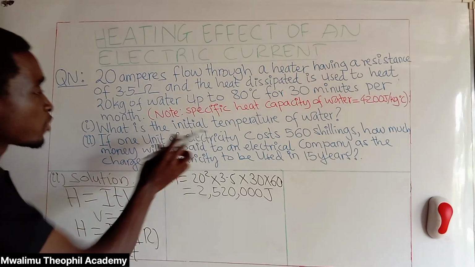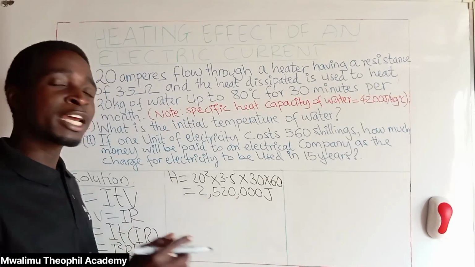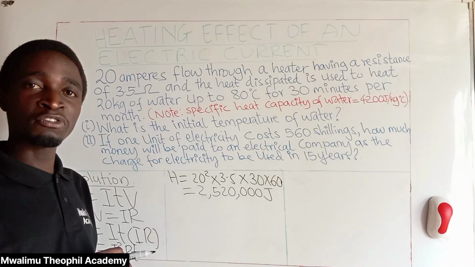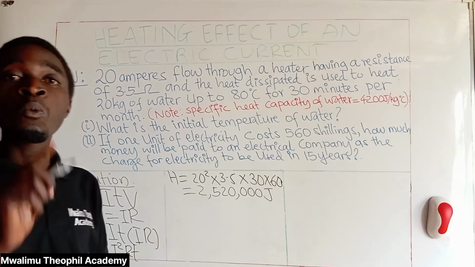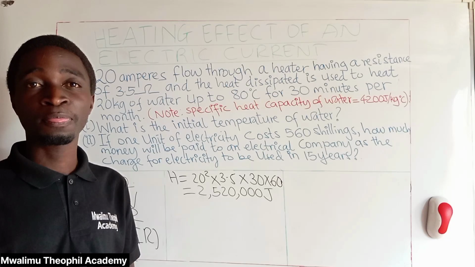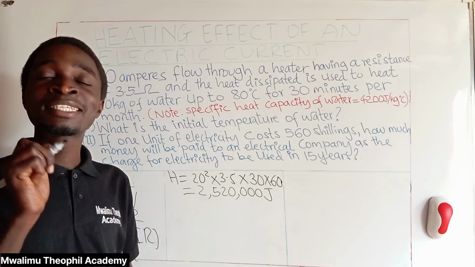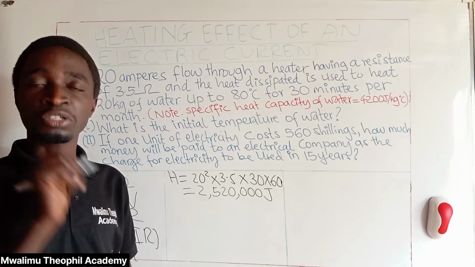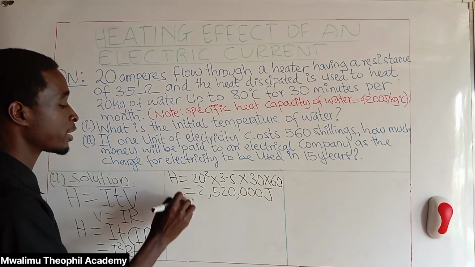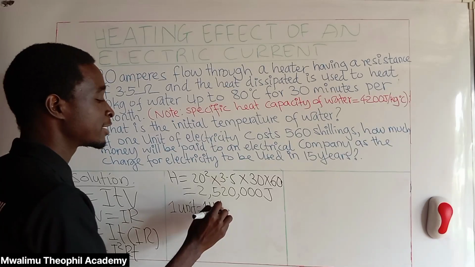Now, according to this question, we are required to change this amount of heat energy dissipated into units of electricity. So, how do we change this value? You have to note that 1 unit of electricity is equal to 1 kilowatt-hour, and 1 kilowatt-hour is equal to 3,600,000 joules.